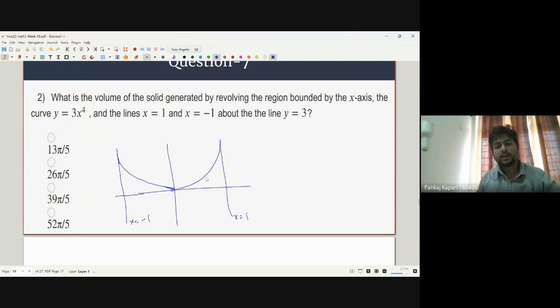Okay, so this will be again your region, but now we are revolving this region about the line y equal to 3. So there is some line which is y equal to 3. Let's draw it here.